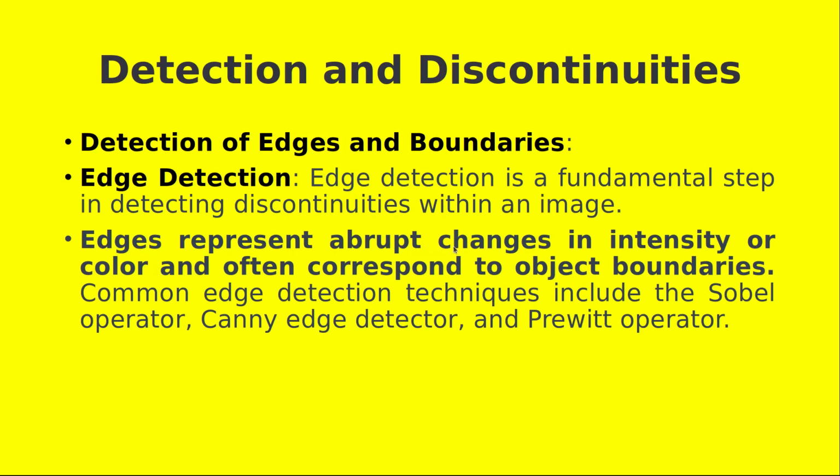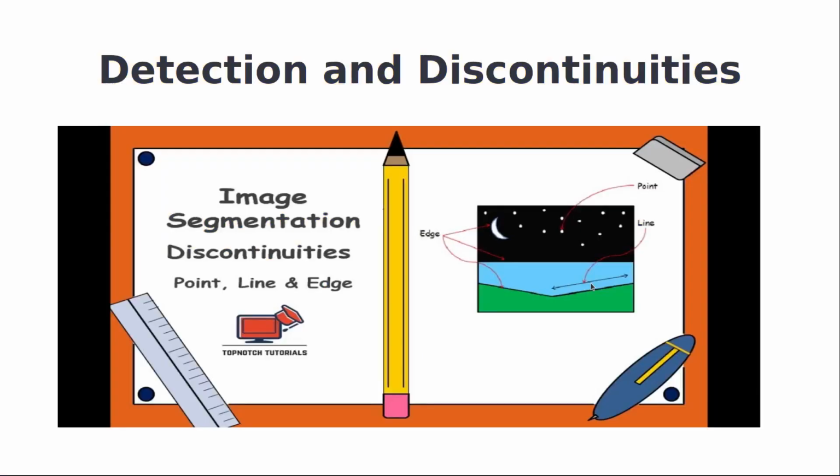Edges represent abrupt changes, meaning immediate changes in intensity or color, and they correspond to the object boundary. Here these are two regions: a green color region and a blue color region.